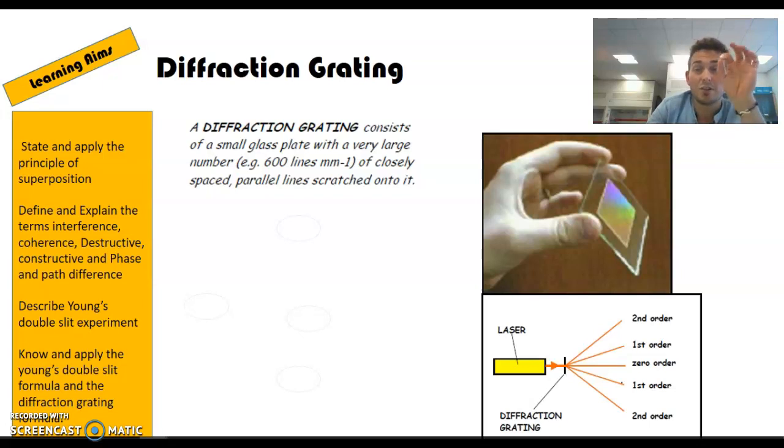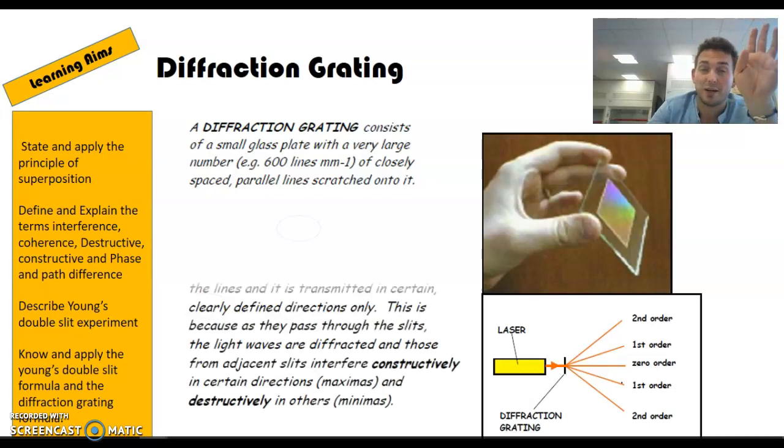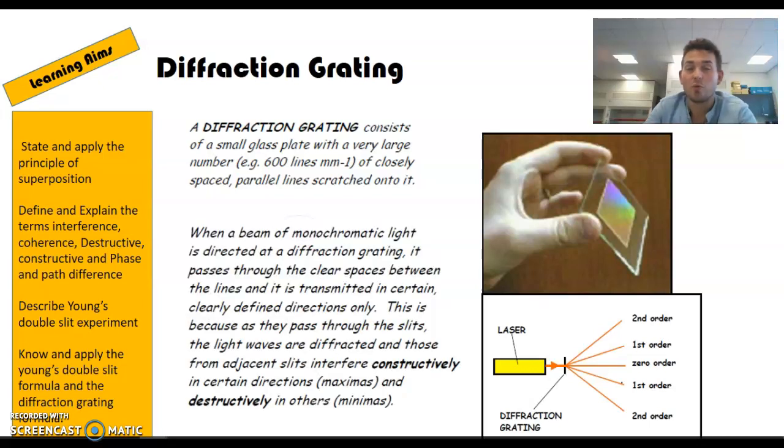And then each one of those lines will act as a point source of diffraction and can cause spreading out. So what you get here is different order maxima on a screen, or different orders where you're getting constructive interference.